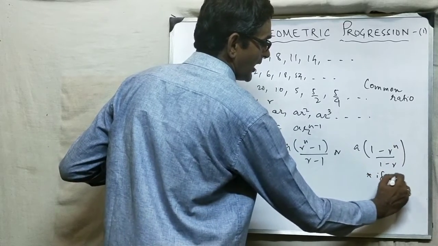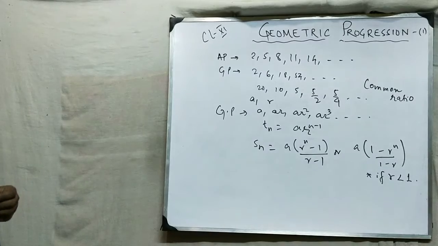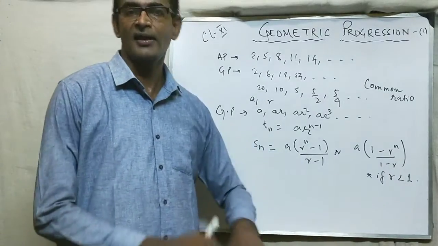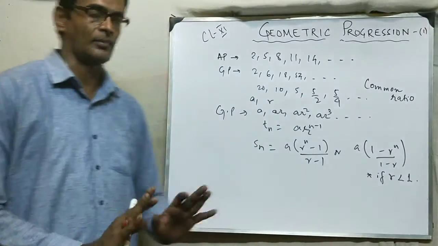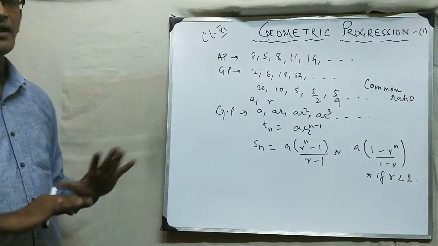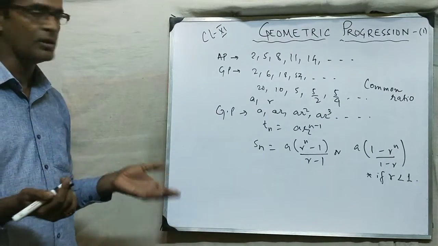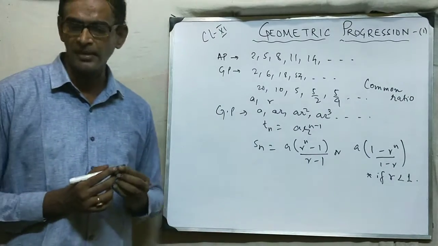We apply this formula when R is less than 1, or use the first one if R is greater than 1. Because in GP, R cannot be 1, just as we studied in AP that D cannot be 0.